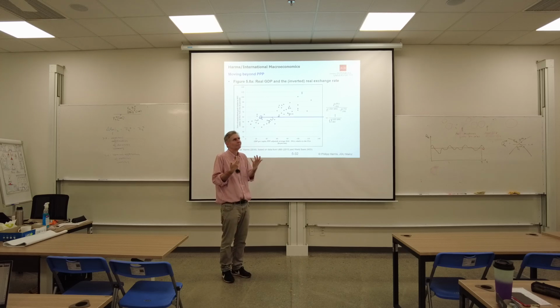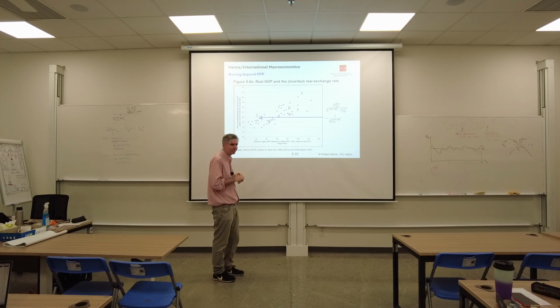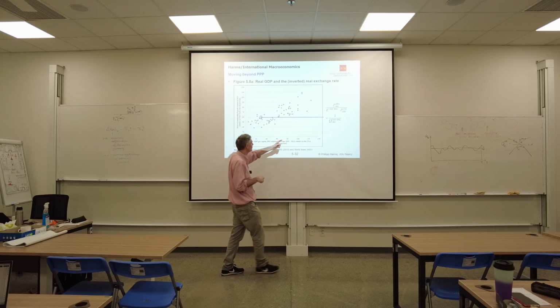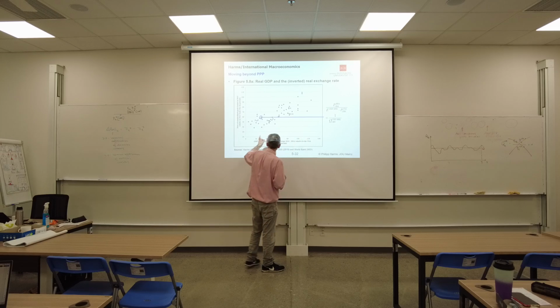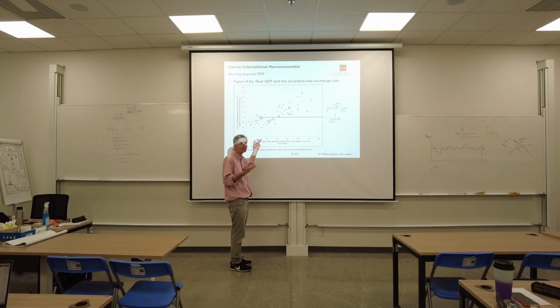And it's just problematic to say, well, this country's currency is overvalued and this country's currency is undervalued, because that would mean that we have some persistent deviations from absolute purchasing power parity.